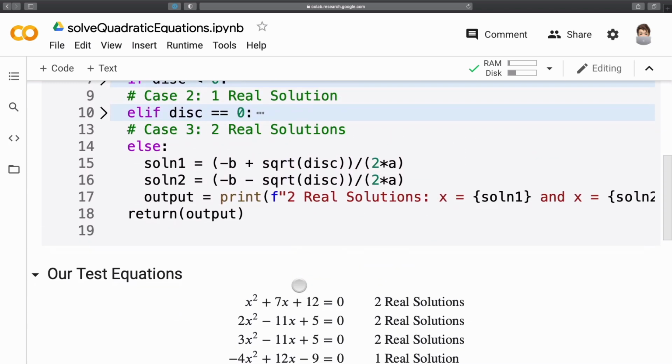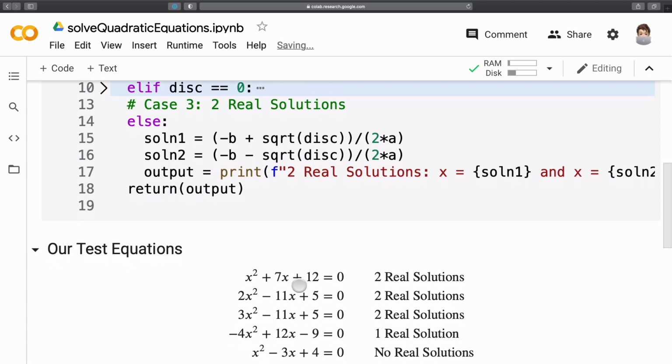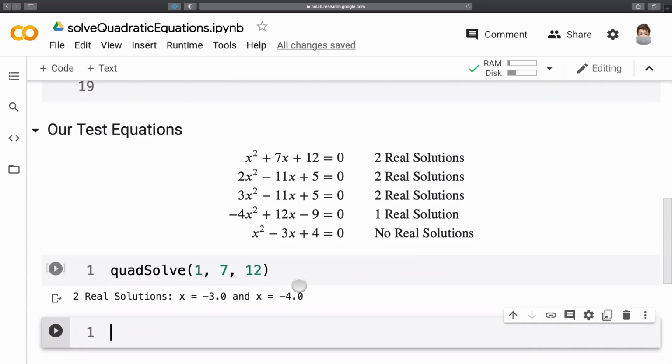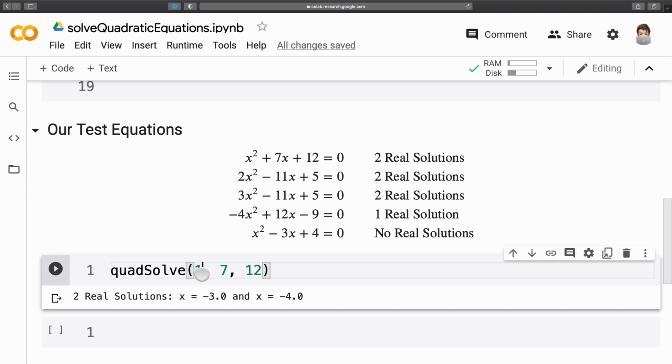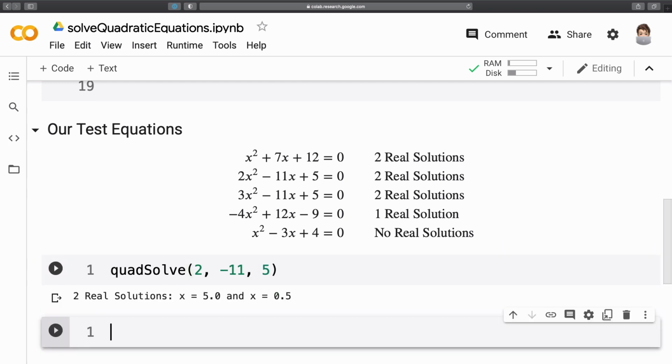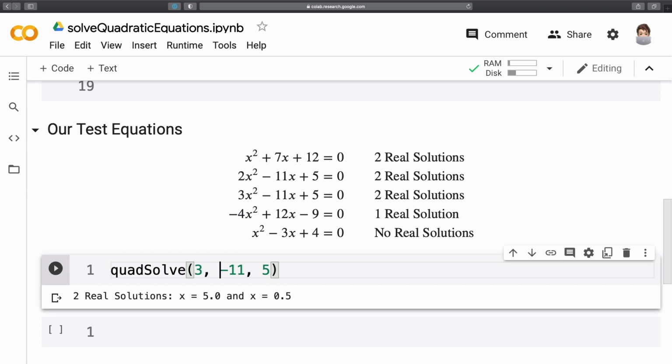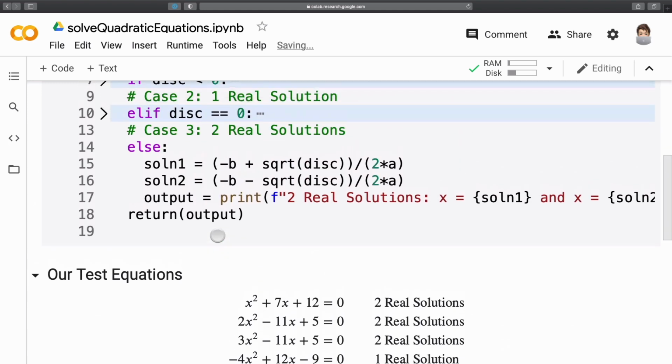Now, let's go ahead and try a couple others here that are two real valued solutions. I'm going to try the one with 2, negative 11, and 5. And that also works, so we get two real solutions and it's able to find those. But watch what happens when I try this one, where we have 3, negative 11, and 5. We get these large decimal expansions here.